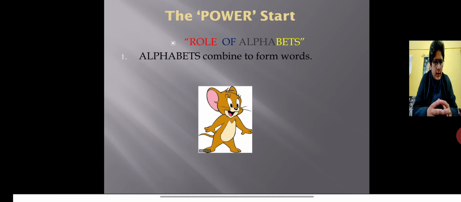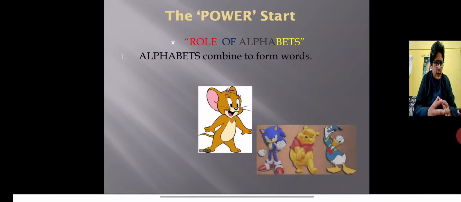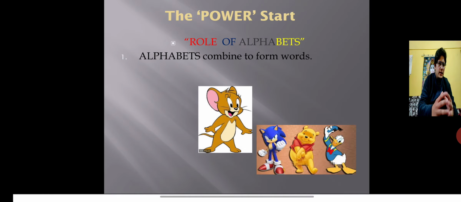If you have gone through a series of episodes of these cartoon channels, you would definitely know that this is a cartoon character named Jerry. Next up, we've got three more, and in chronological order, moving from left to right, you can see Supersonic. The character in the middle is Winnie the Pooh, and the third is Donald Duck, with his hat being waved at you.